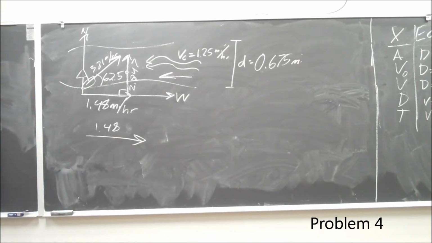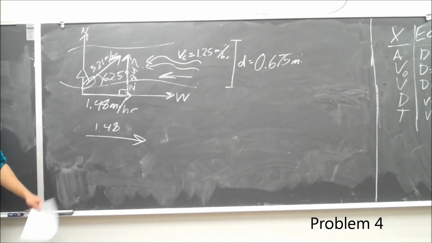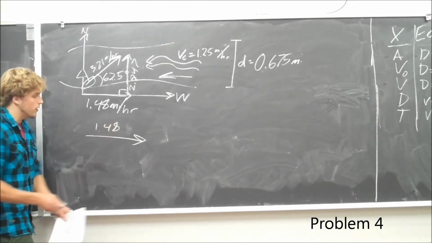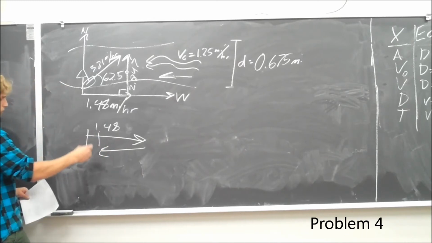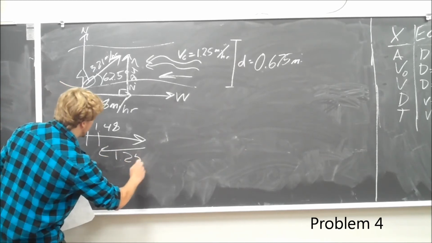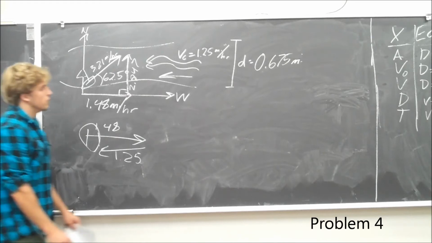So basically, how you handle this is, now that you've made them in the same horizontal direction, like they're both horizontal, you just find the difference between them. We have 1.25 going this way, 1.48 going this way. The difference between them is 0.23.